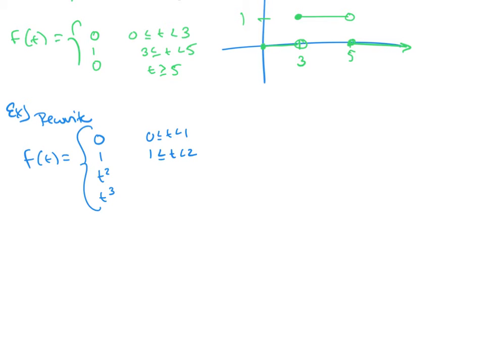I want it equal to t squared when t is between 2 and 3. And I want it equal to t cubed when t is bigger than or equal to 3. And all of my compound inequalities are equals on the left side, not on the right side.